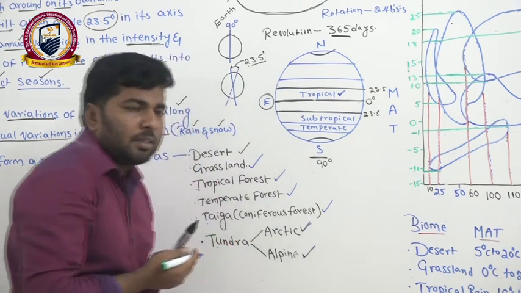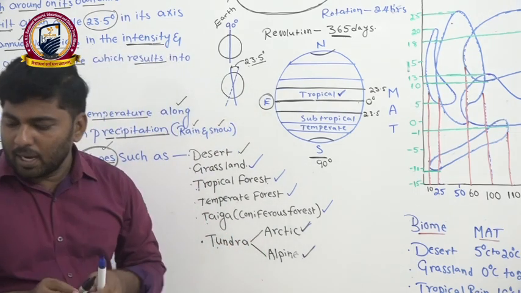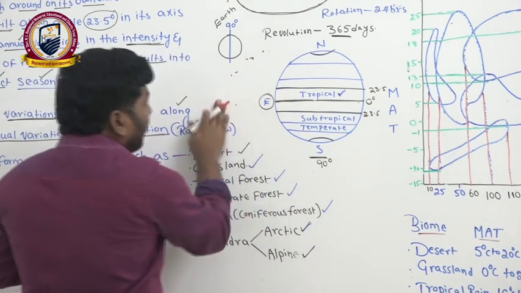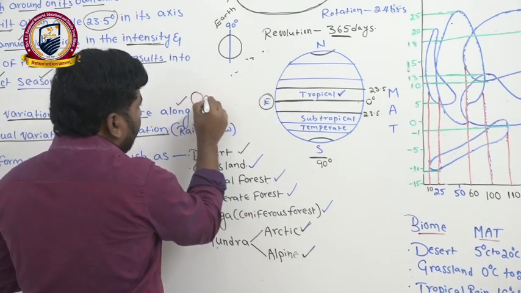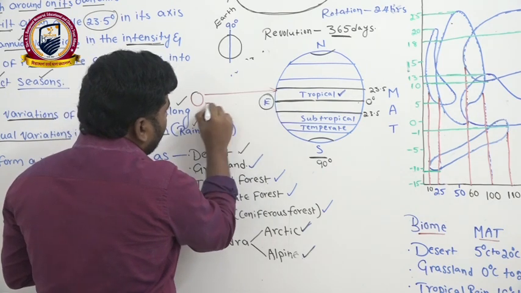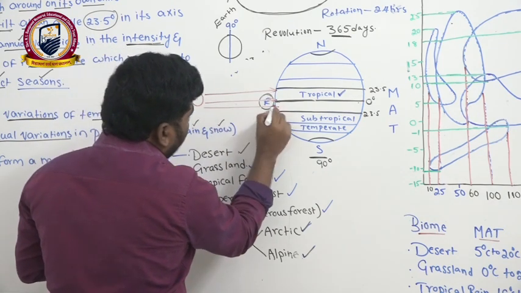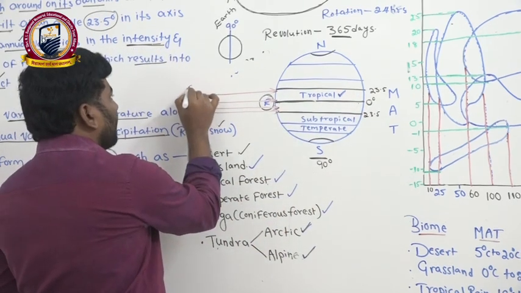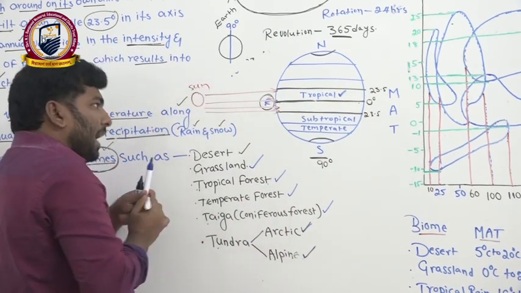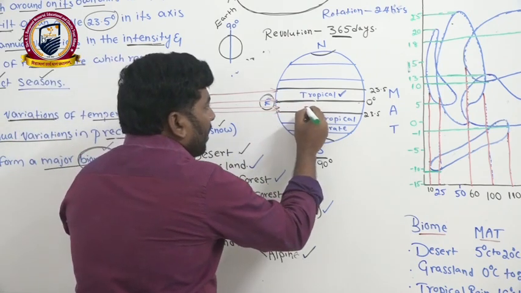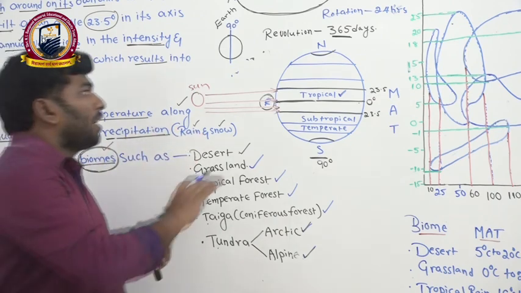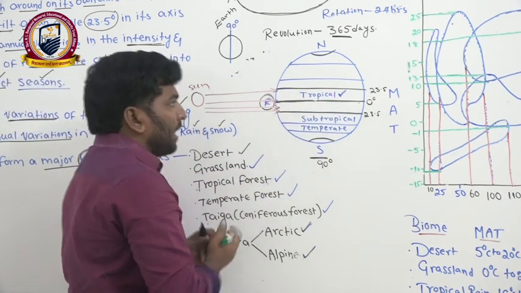For this area, sunlight falls perpendicular onto the tropical areas, so in this area we observe more temperature than in the remaining areas.